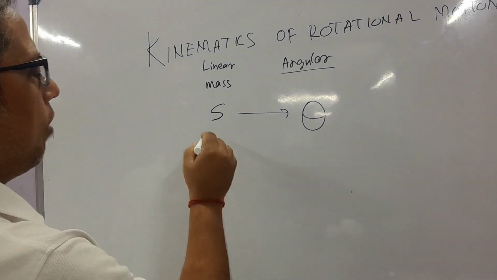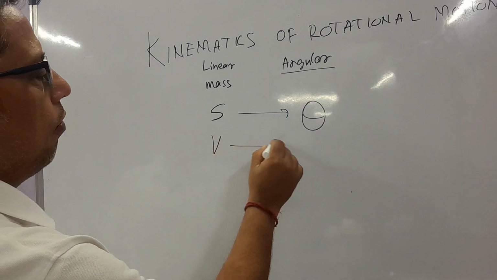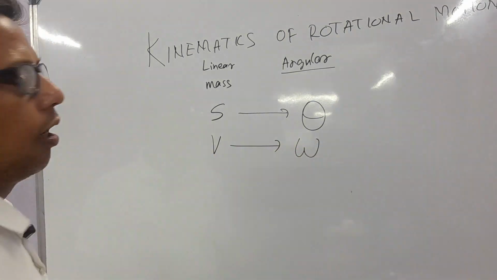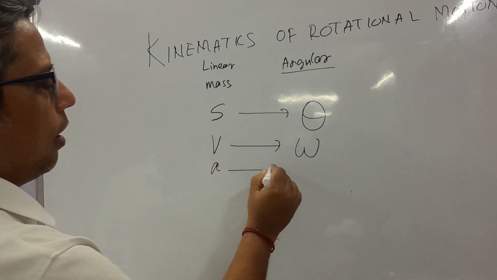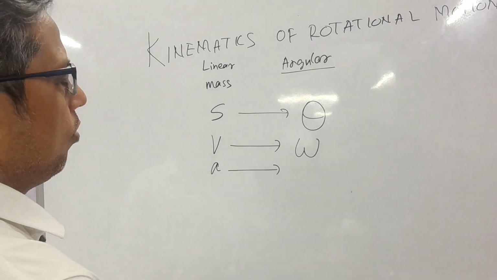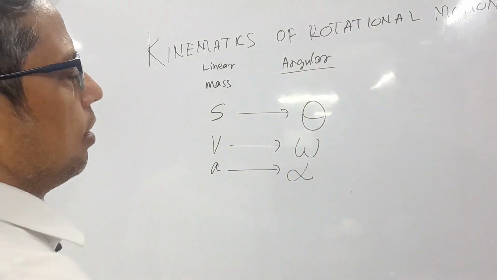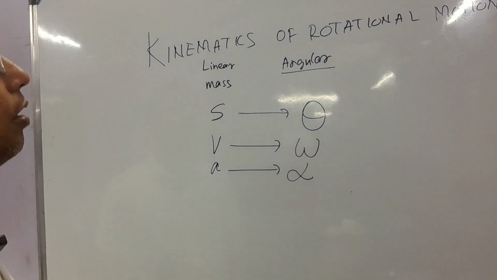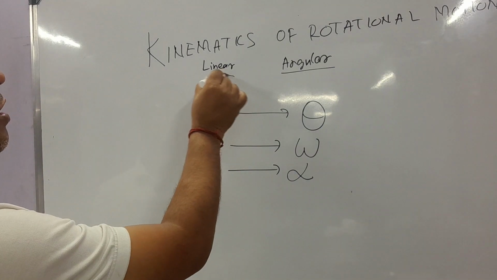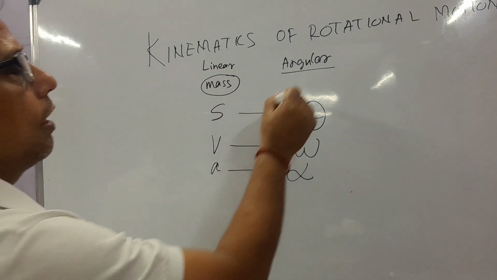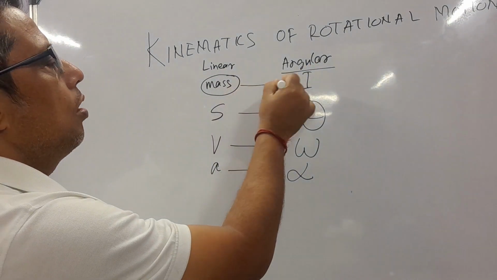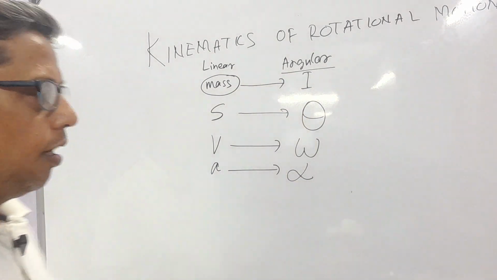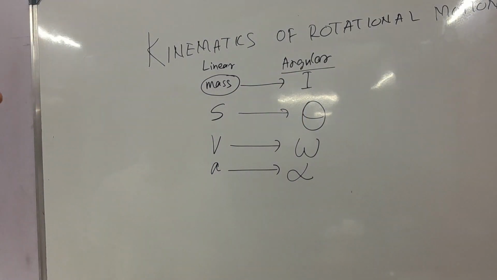Linear velocity is v, angular is omega. Linear acceleration is a, and angular acceleration is alpha. In linear motion we have mass, and in angular motion we have I, the moment of inertia, which is equivalent to mass.